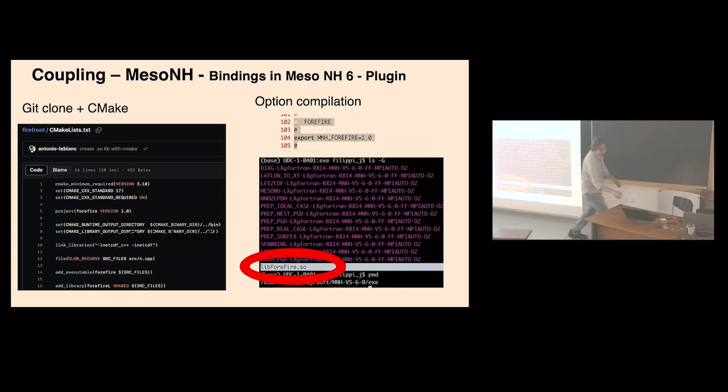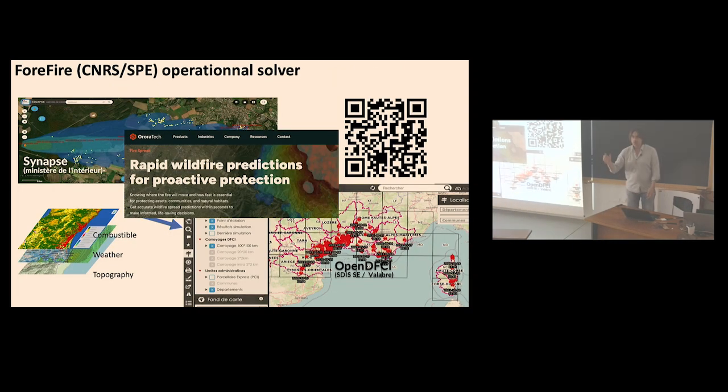It's already used by our friends at Valab. We've designed it as a scripting tool, so we can try different scenarios and run multiple things. But they also use it with Aurora Tech. I don't know if they are here. No?